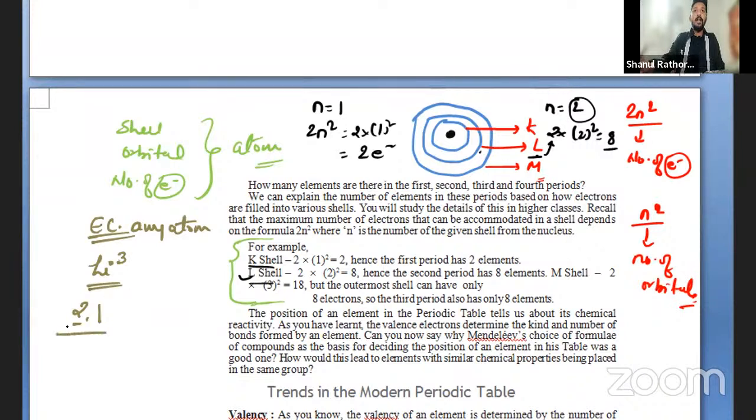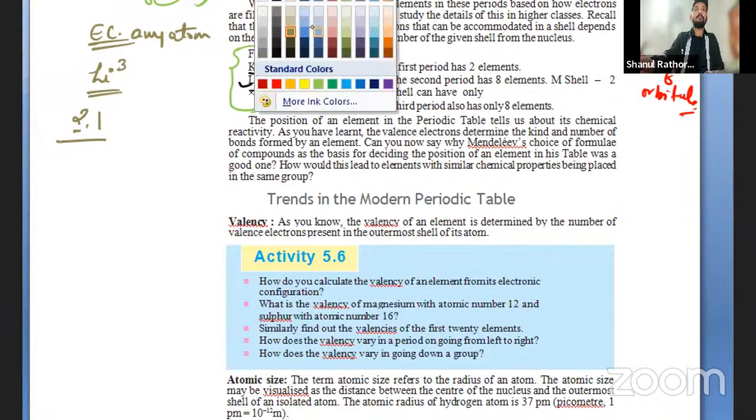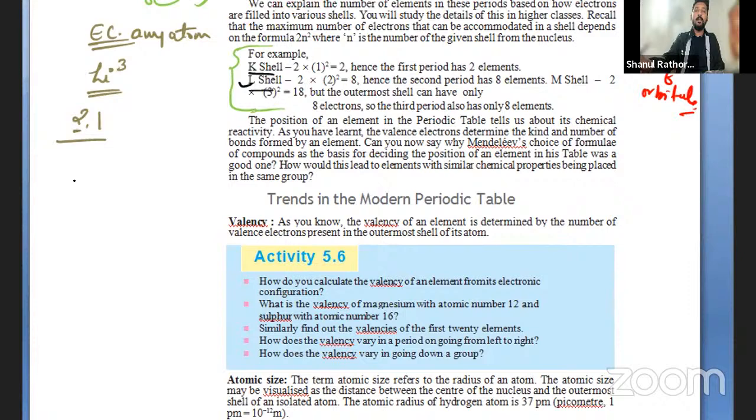So if we write the electronic configuration again, let me give you a brief idea. Let's say there is a class, and a few rows are there.